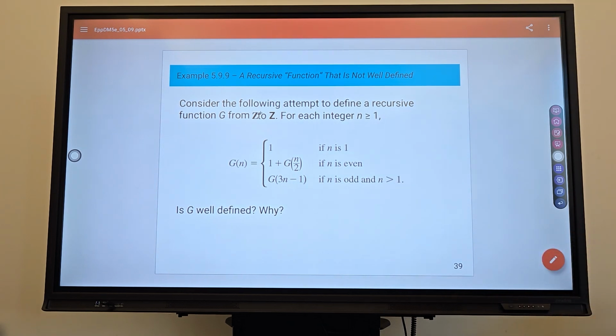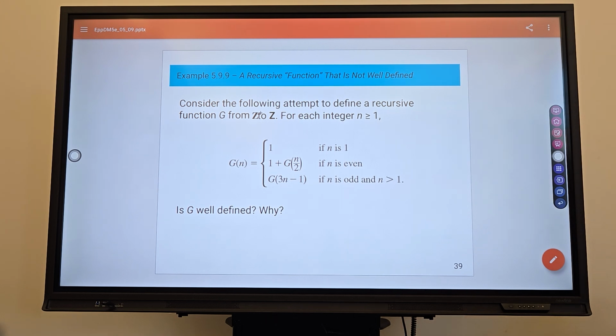Consider the following attempt to define a recursive function G from the positive integers. For each integer n greater than or equal to 1, G of n is equal to 1 if n is equal to 1.